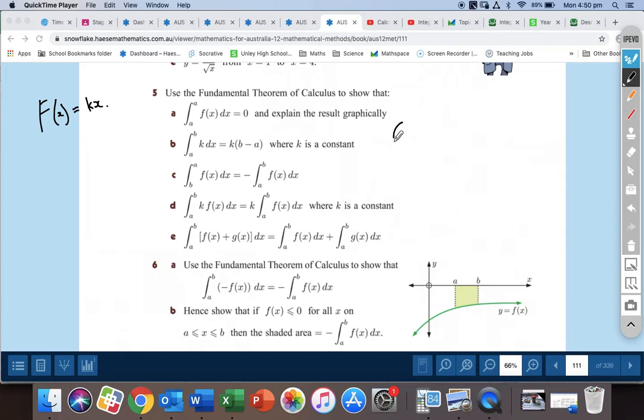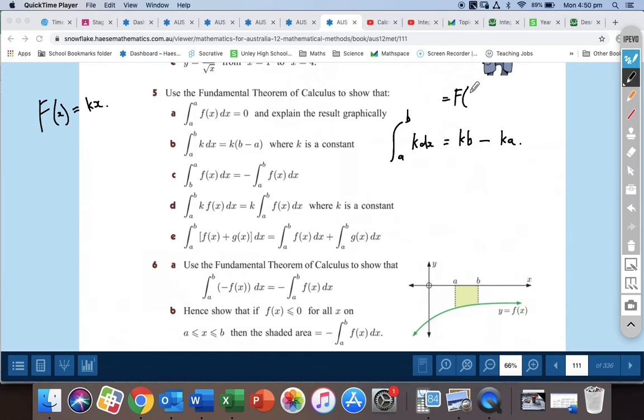That means if I'm doing the integral from a to b of k dx, it equals kx, but my first x value is b, so I'll have kb minus k times a. What I did there, you probably don't need to write, this might be a bit overkill.